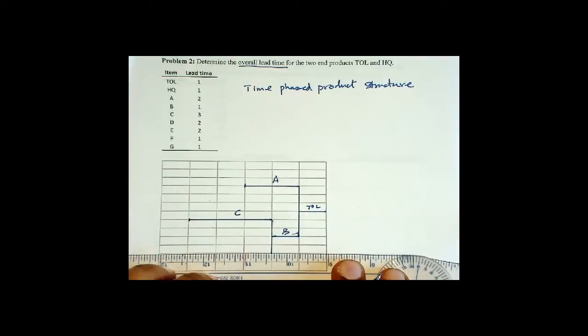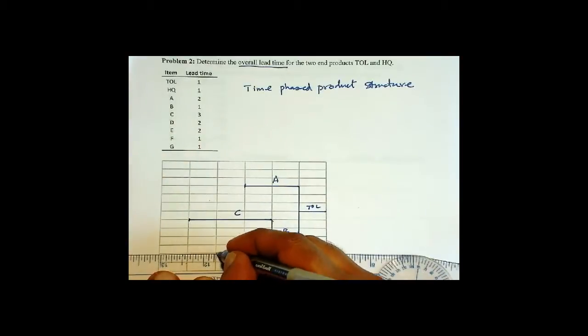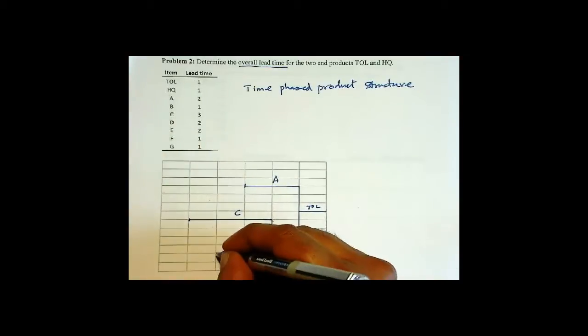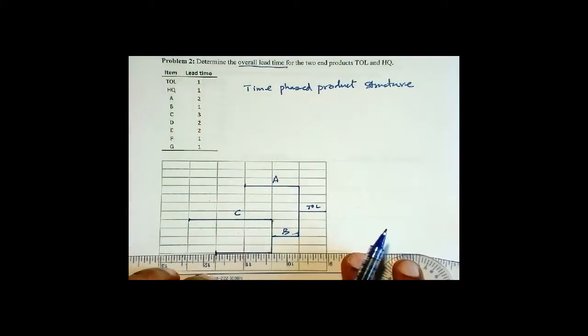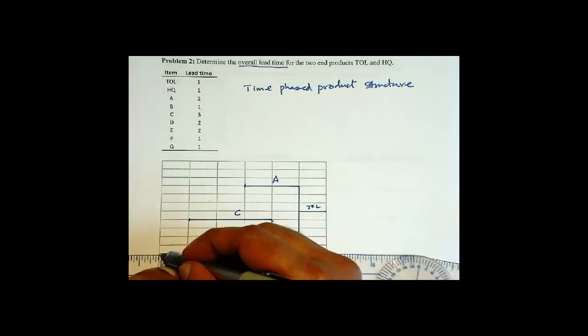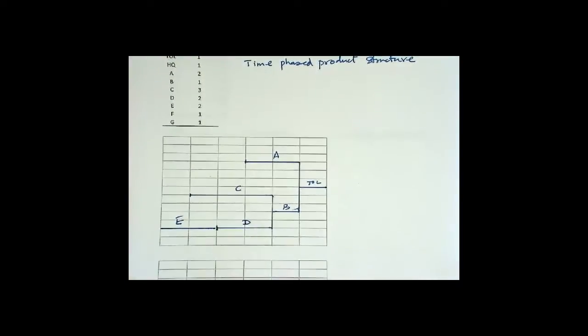D lead time is 2 weeks, and below D we have E, and E lead time is 2 weeks. So this is D and this is E.